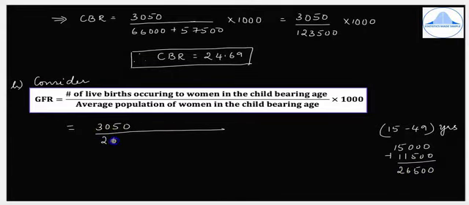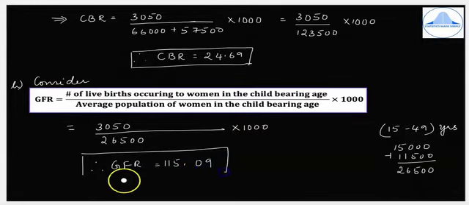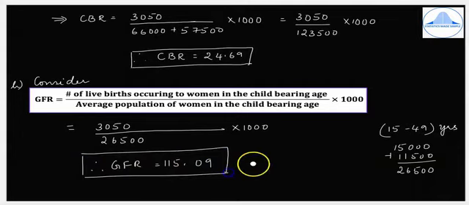So it is 26,500 into 1000. So when you simplify, you will get GFR is equal to 115.09. So you can again just take only two places after the decimal after rounding off.